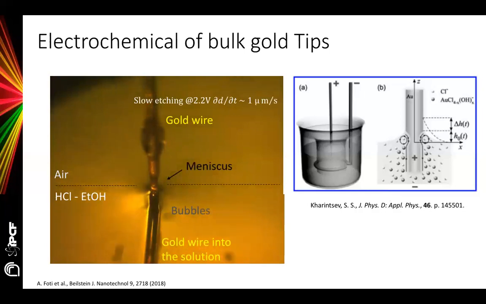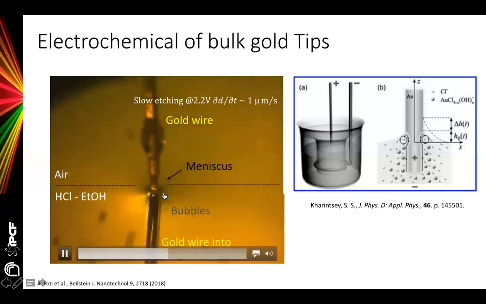So now there is the meniscus, and the gold is being consumed in the bulk.